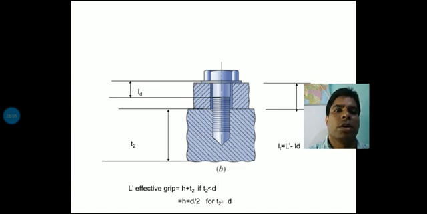But here a question will arise: how can it be tightened, or how can loosening be reduced in this joint? So it can be fixed or tied properly if we use one washer. That washer is below the hexagonal thread.